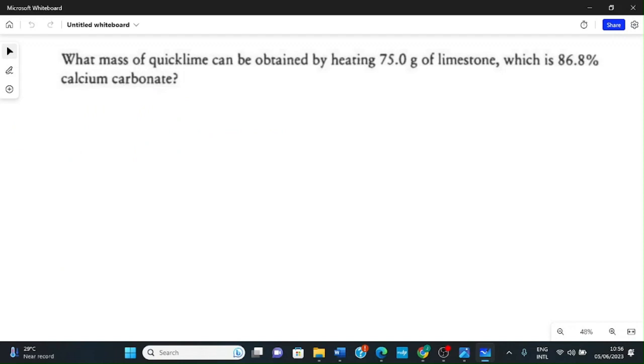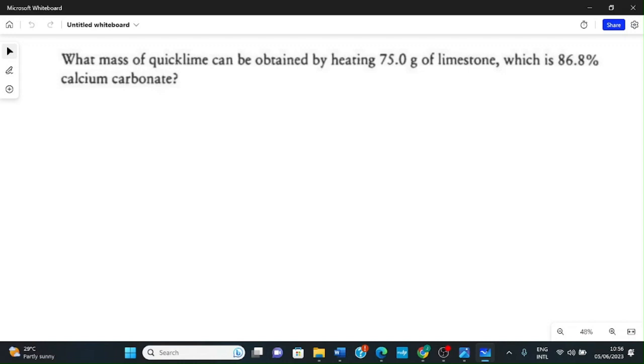Okay, now we have the question before us, the task. What mass of quicklime can be obtained by heating 75.0 gram of limestone, which is 86.8% of calcium carbonate? The first thing you have to do is to understand the question very, very well. What they're trying to say is that you have to calculate the mass of quicklime.